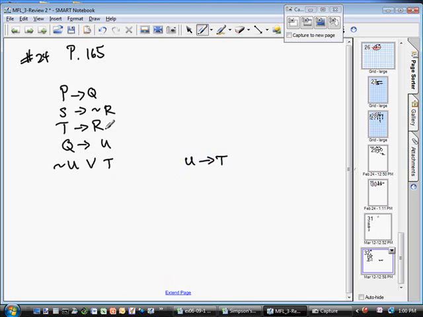Okay, is there anything over here that would chain from this or to this? Yeah, if T then R. So I'm going to make a new list over on the right here. So let's put if T then R. Do you see how the T's chain now? Okay, so we've got these two taken care of now. How about if Q then U?